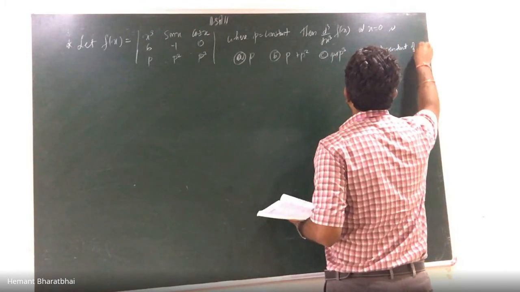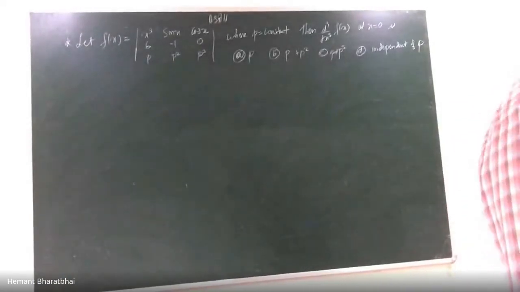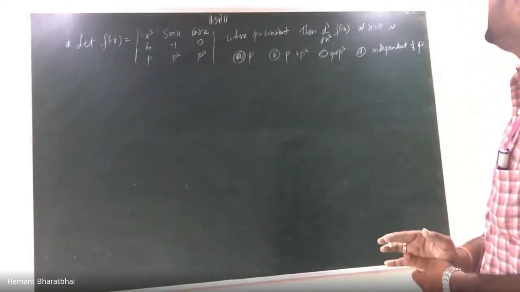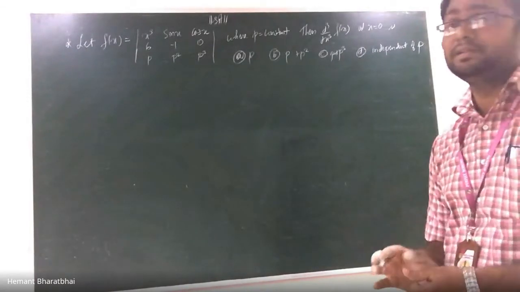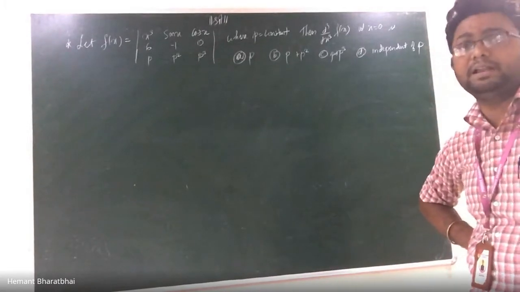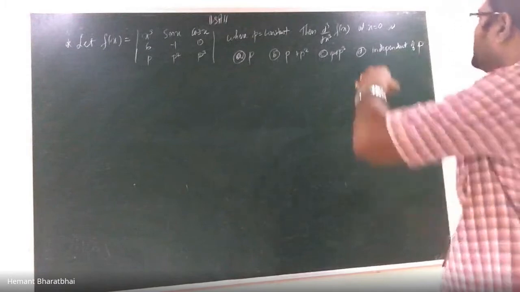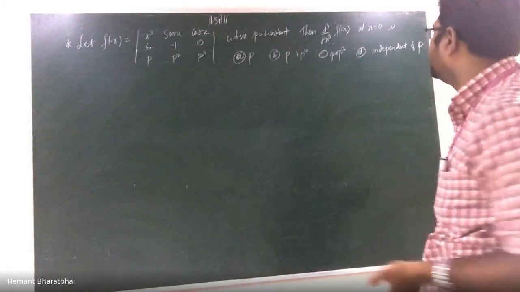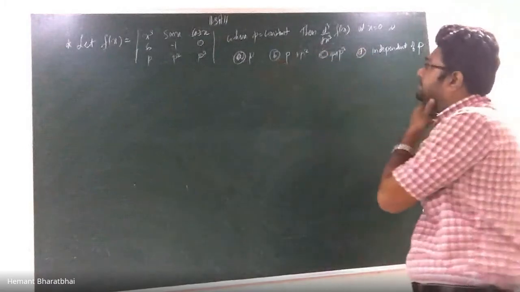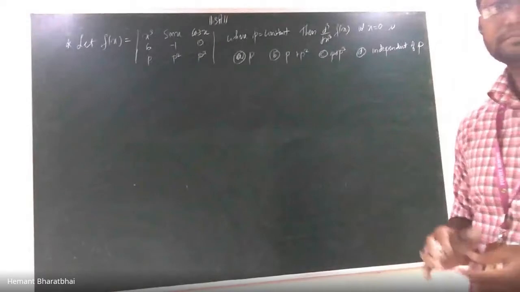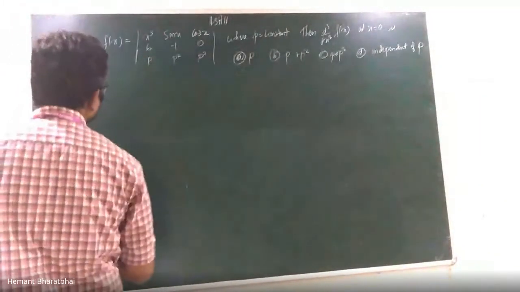So he has given us a determinant. We have to find out from the determinant, solving the determinant will get the value of f of x. Then he is saying d cube by dx cube, which means whatever f of x we get after solving the determinant, we have to take the derivative 3 times. And then whatever value we'll get will give us either option A, B, C or D. So let's start solving.